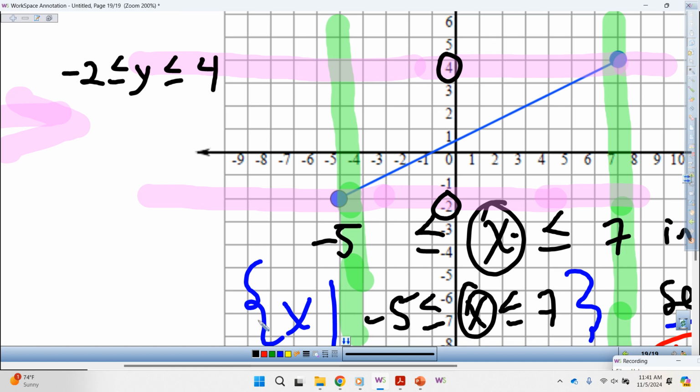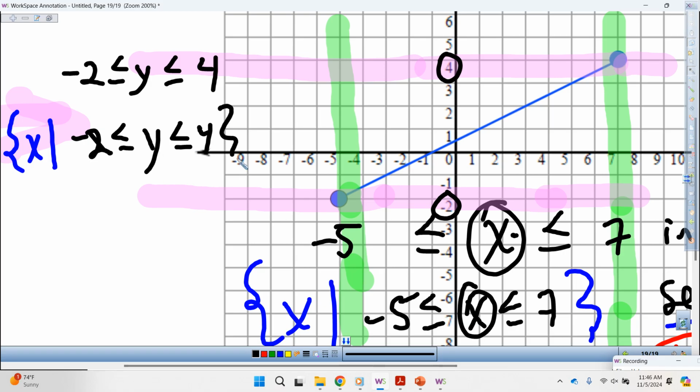All right, give me the set notation, please. Annette, go. Bracket, x, bar, -2, and close bracket.